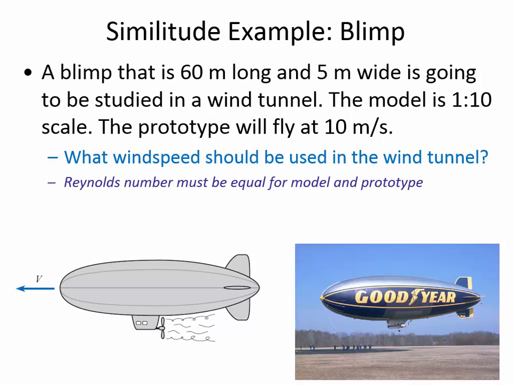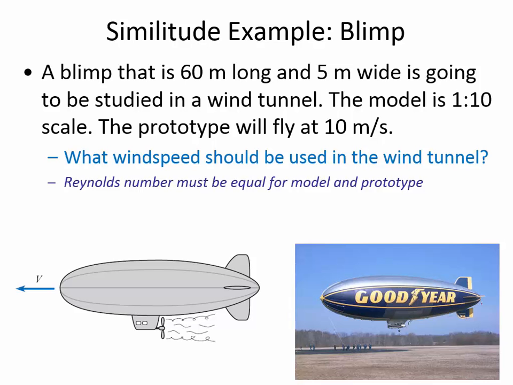In the concept of similitude, dynamic similarity means that we want the Reynolds number of the model to equal the Reynolds number of the prototype. All right, so the Reynolds number of the model should equal the Reynolds number of the prototype. And I just wrote the Reynolds number previously in terms of velocity, diameter, and kinematic viscosity.